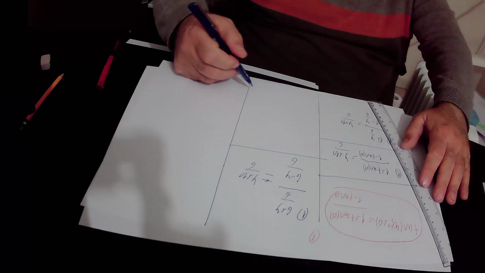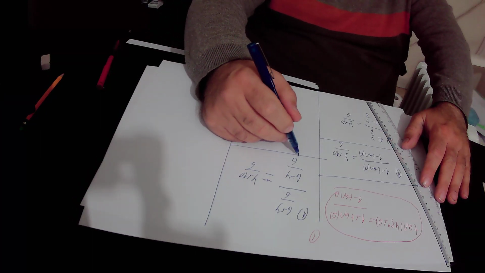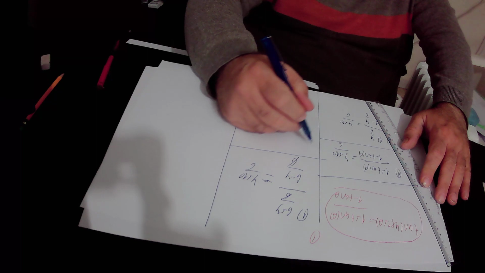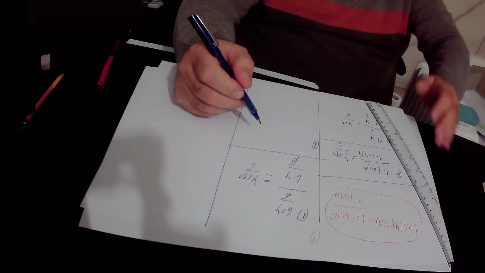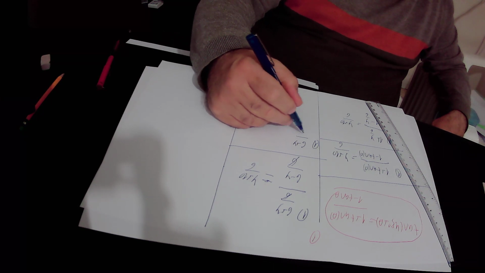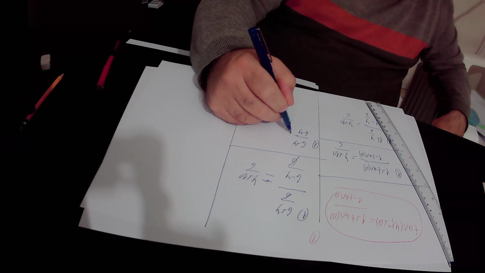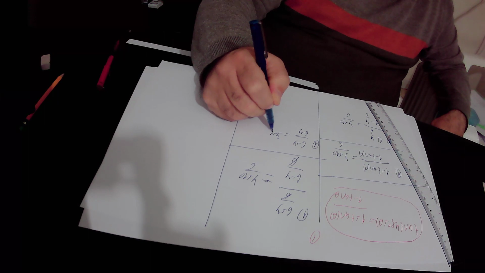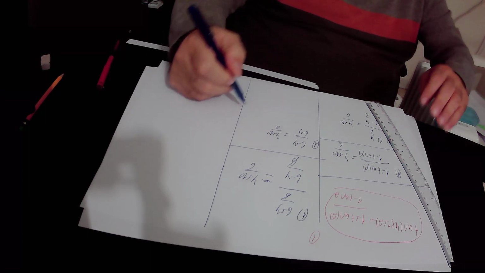Here we have 6 in the numerator and 6 in the denominator, so 6 will get cancelled. What is left from equation number 1 after we cancel 6? What is left is actually 6 plus y over 6 minus y equals y plus 10 over 6.